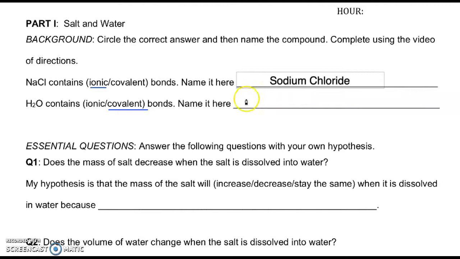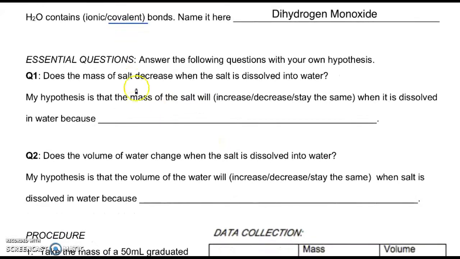When you do nonmetals or covalent compounds, you name with prefixes. Since I have two hydrogens, I have dihydrogen, and then one oxygen is monoxide: dihydrogen monoxide. That's water.